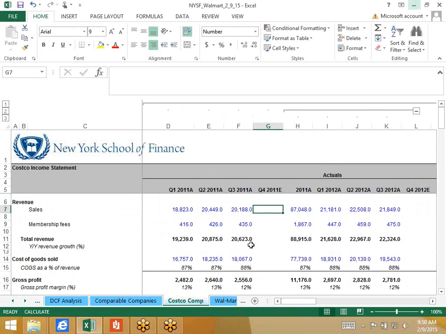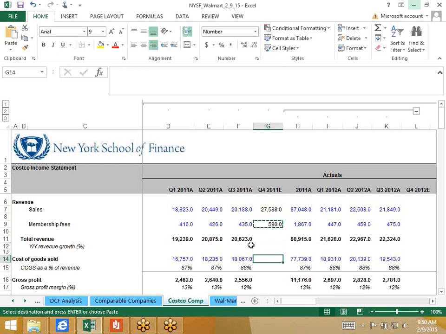So for revenue, we took 2011 minus Q1 minus Q2 minus Q3, and you had to do that down all the line items, so that whatever's left over makes the sum of Q1 to Q4 equal 2011, obviously.